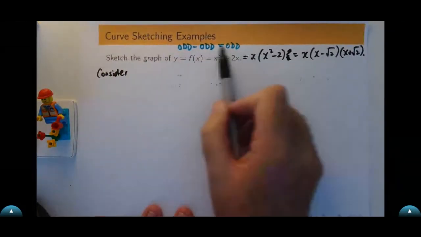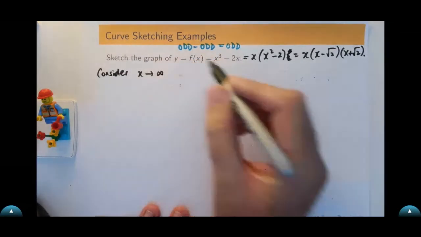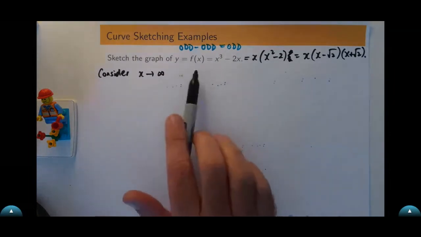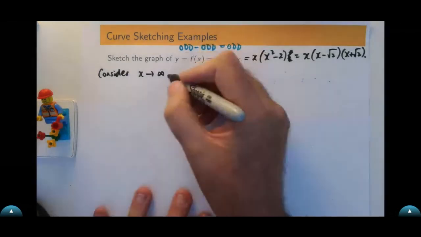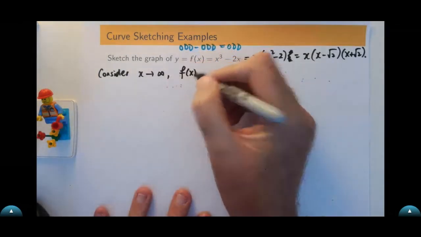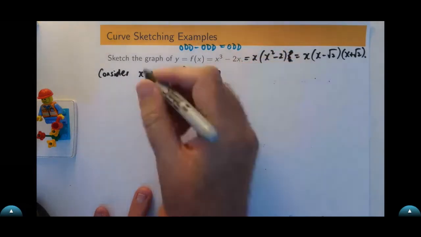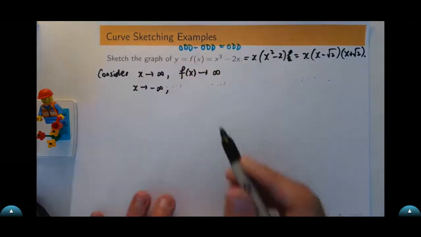What is this function doing as x gets large and positive? Who can tell me? What is the limit? What is f of x approaching as x approaches positive infinity? Who can tell me in the chat? Matthew, absolutely. It is infinity, right, Steve and Matthew? And what about as x approaches negative infinity?